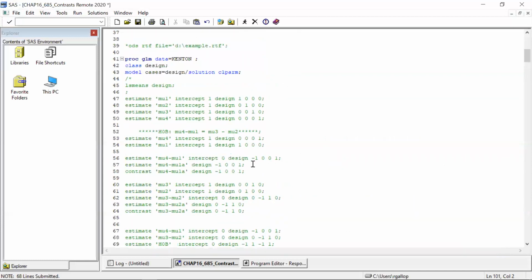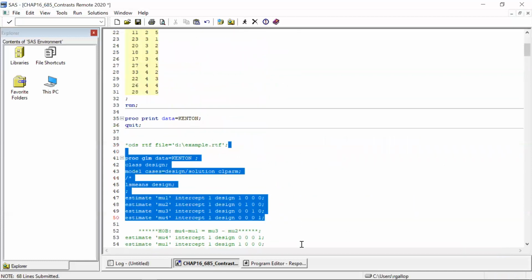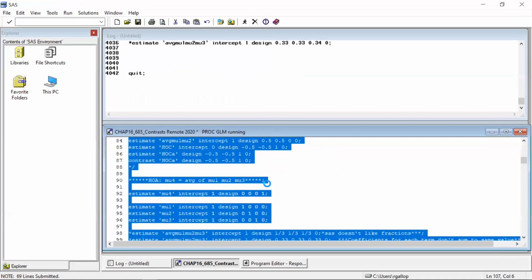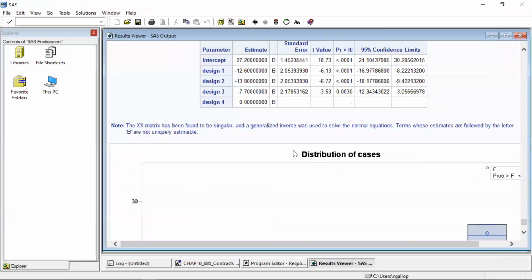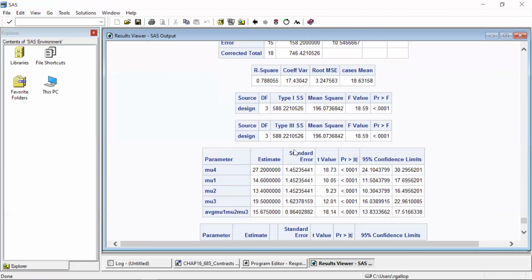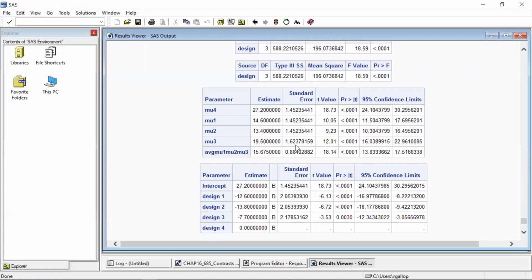Let me go ahead and do this. Let's look at our previous code really quick. So if you guys see here, SAS did do the estimate statement for me.